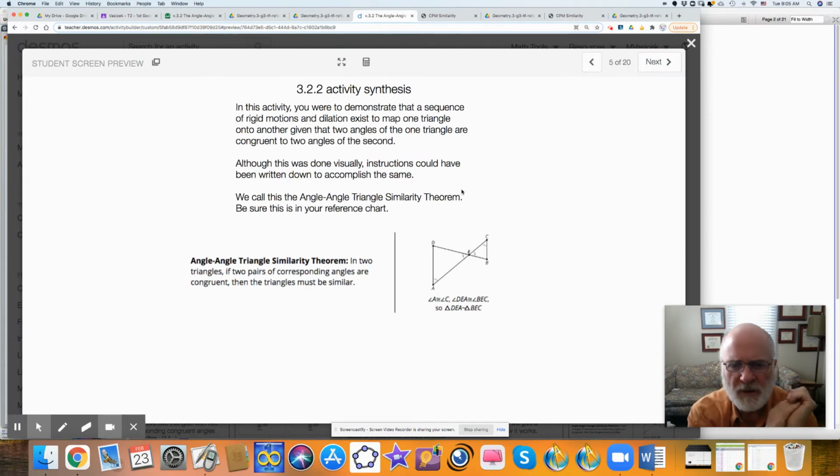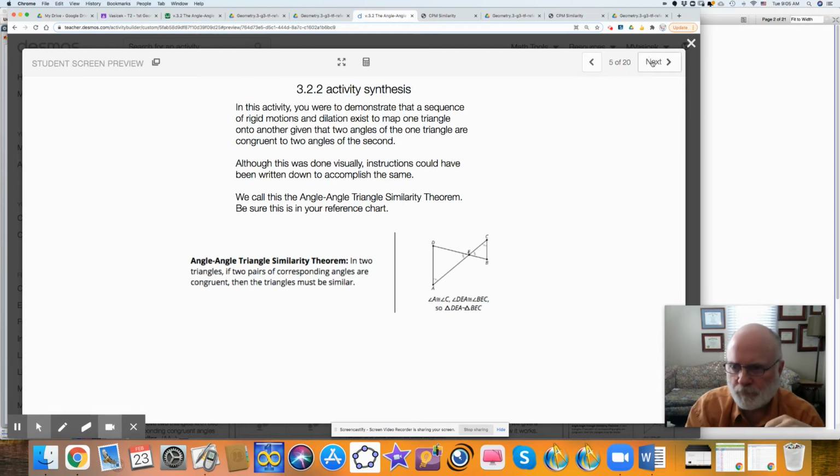You were to demonstrate that the sequence of rigid transformations and a dilation exists that maps one triangle onto another, given two angles of the one triangle are congruent to two angles of the second. Although this was done visually, it could have been written down to accomplish the same. This is called the angle-angle triangle similarity theorem. And please make sure that this makes it into your reference table.